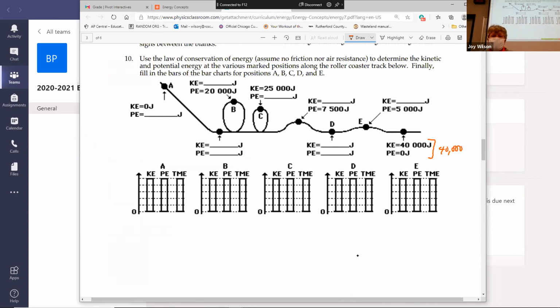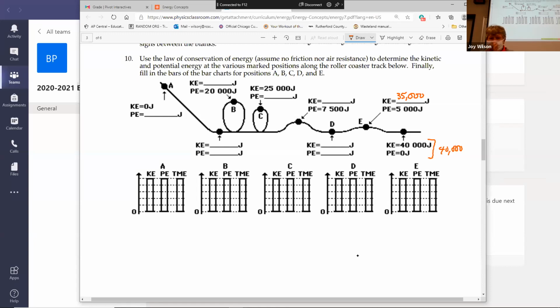Because you know both of them. So what does that mean about the kinetic energy at point E? What would it have to be? 3,500. Same thing, huh? I want the 35,000 in my bank account, not the 3,500. I'm teasing you, man.